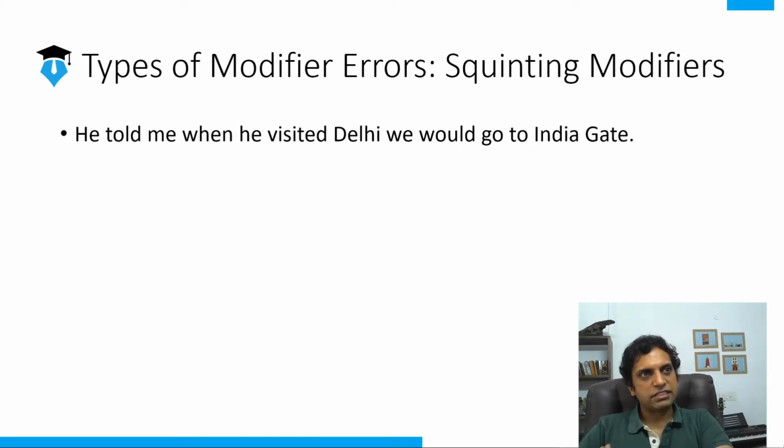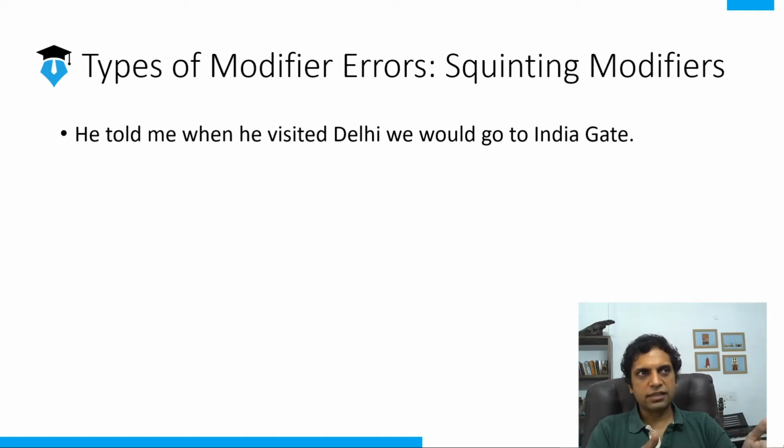He told me when he visited Delhi, we would go to India Gate. So now what exactly is happening here? What is happening when he visited Delhi? Did he tell me when he visited Delhi that we would go to India Gate at some point in the future? Or did he tell me at some point that we would go to India Gate when we visited Delhi?